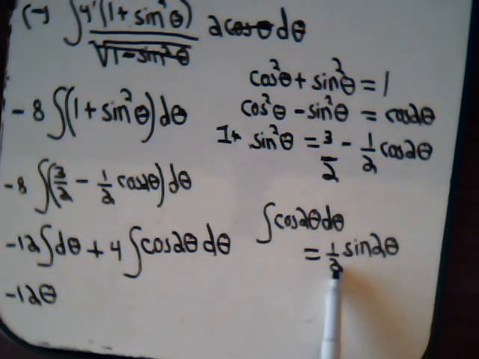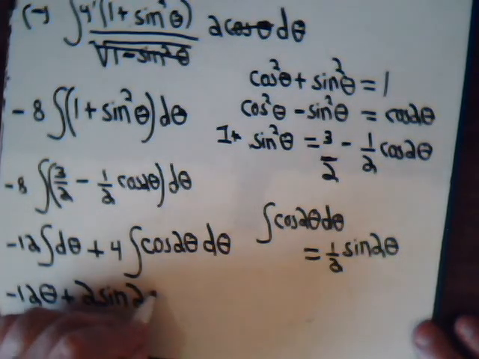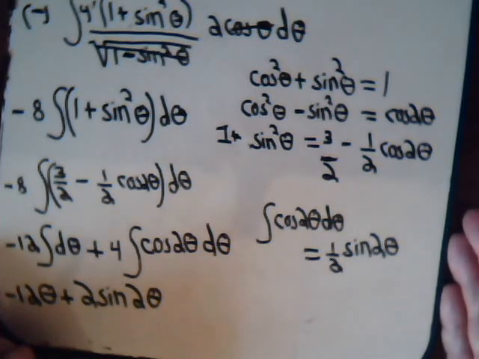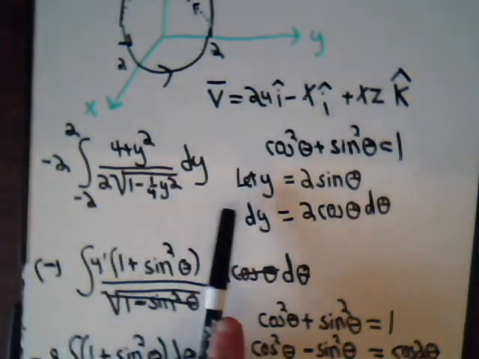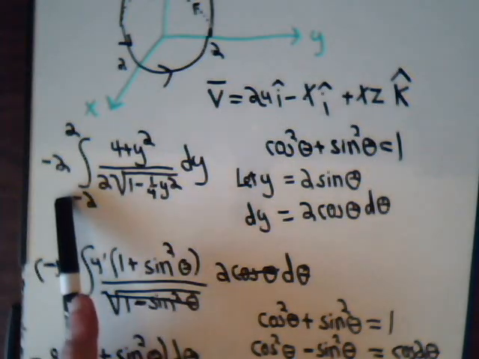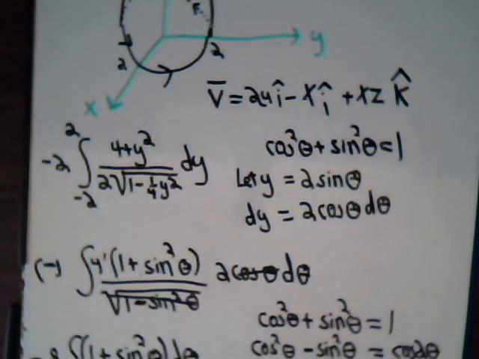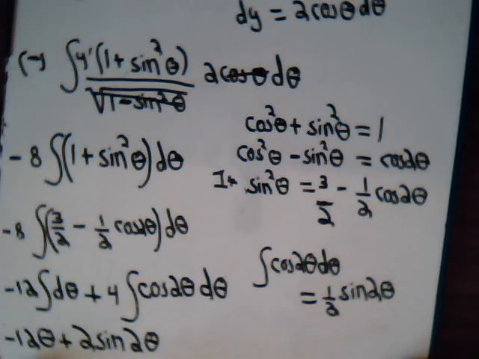So this 1/2 times 4 is 2, so we have plus 2 times the sine of 2 theta. So what we did was, our original line integral, after some manipulation, was this. Made a trig substitution. We got these expressions, and then we got this answer.